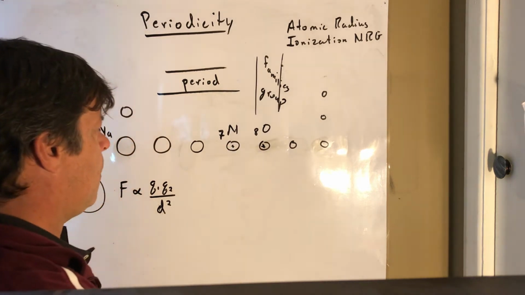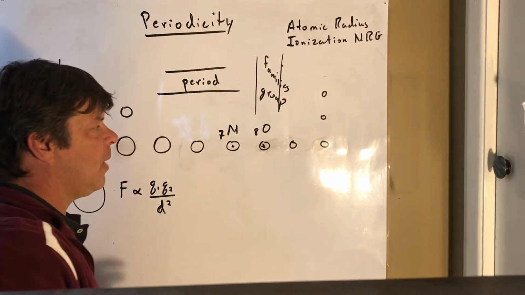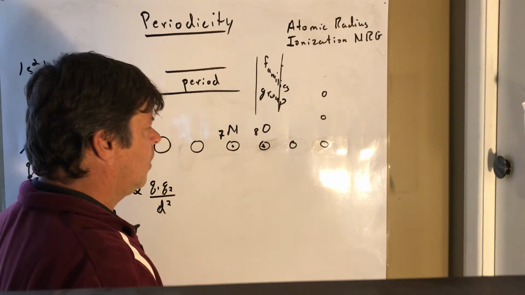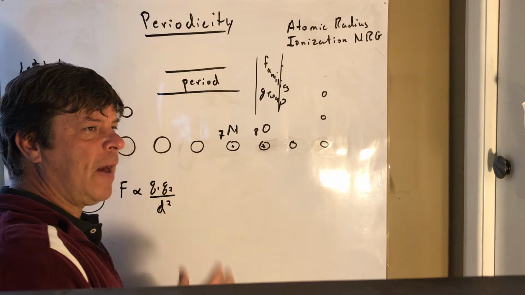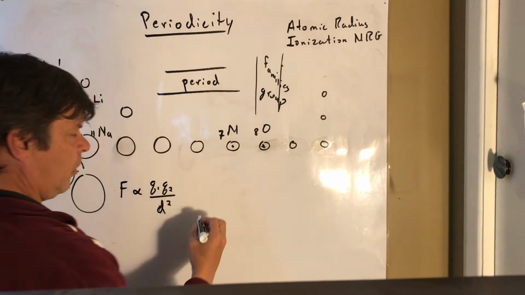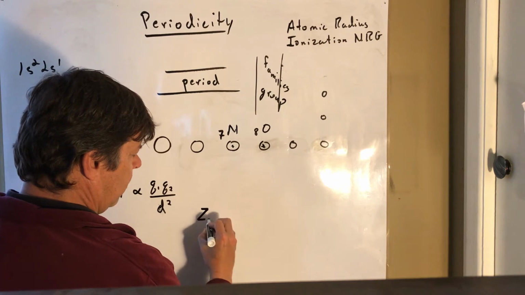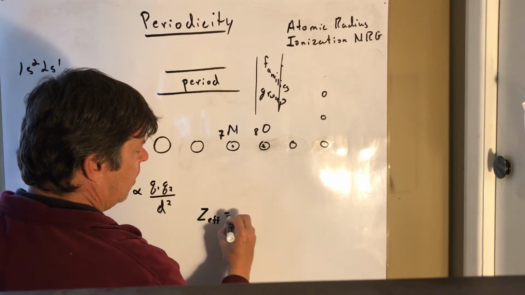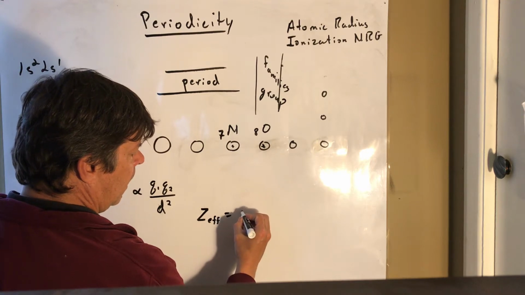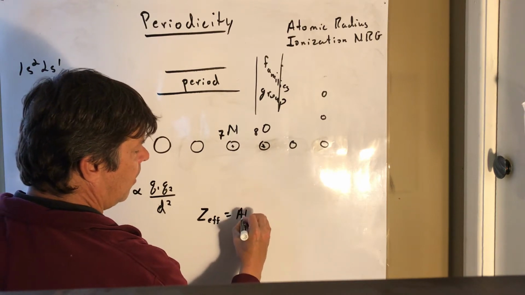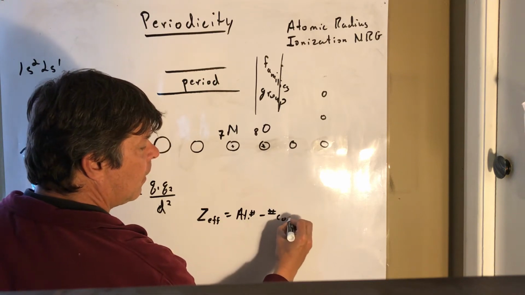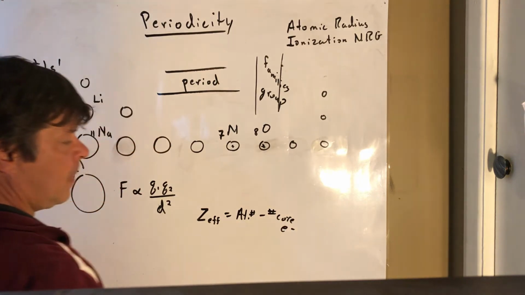Another way of thinking about this is what's called effective nuclear charge. Effective nuclear charge is equal to the atomic number minus the number of core electrons. Okay?